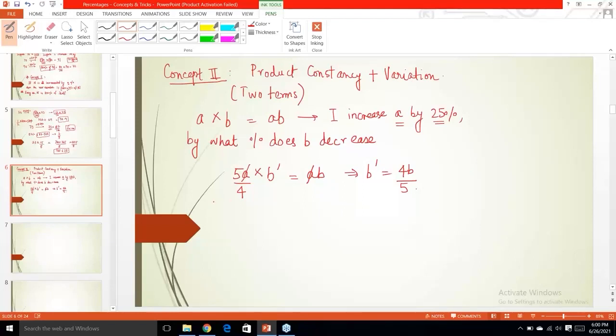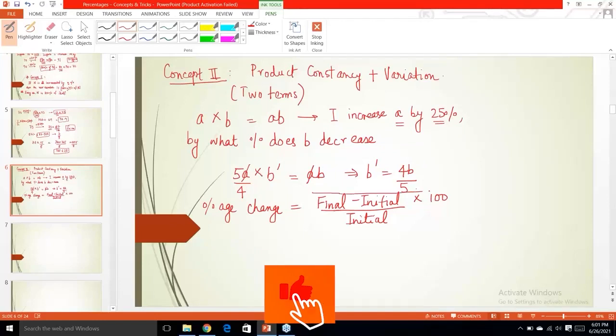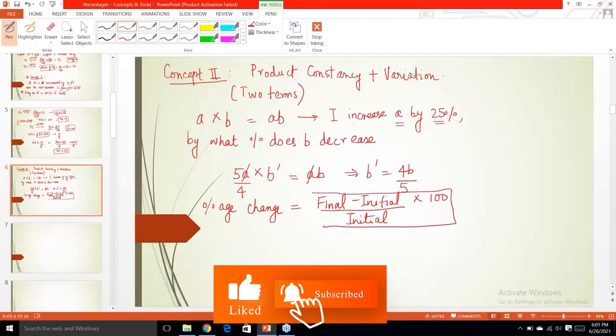Now, if somebody asks you the percentage reduction in B, so what is percentage reduction? Percentage change. So percentage change is final minus initial upon initial into 100, unless otherwise mentioned. If the examiner wants you to calculate the percentage change with final as the denominator, then that's a separate thing.